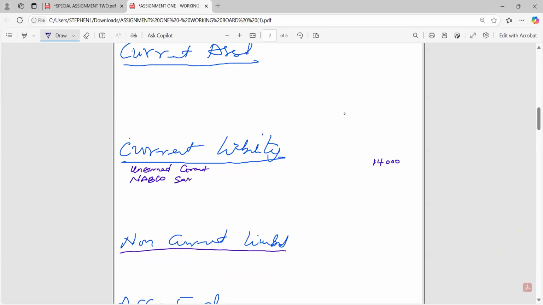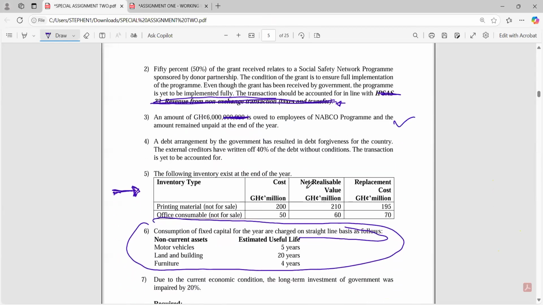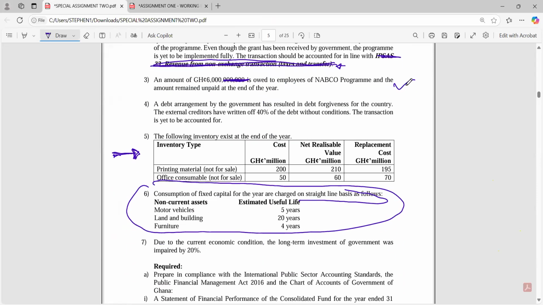You can decide to put these two under payables. You are not wrong. But usually, because of time, you don't have time to do that. Just by the time you finish, you are already through with the balance sheet. Okay, good. We are done with this one too. You see, we passed it twice.